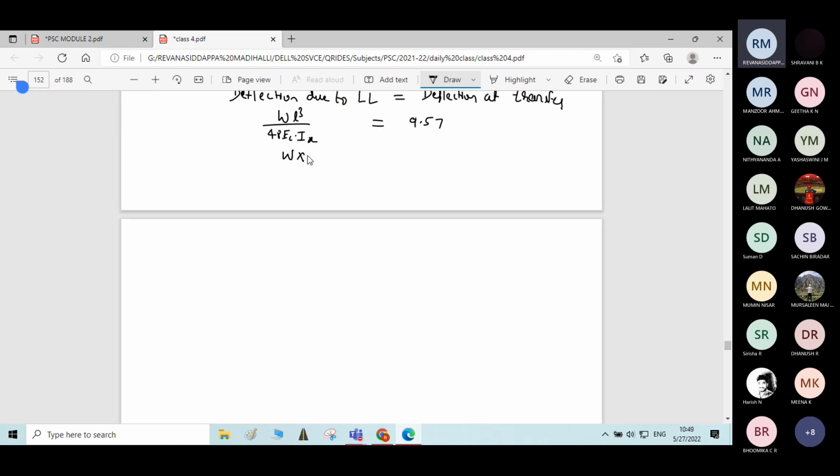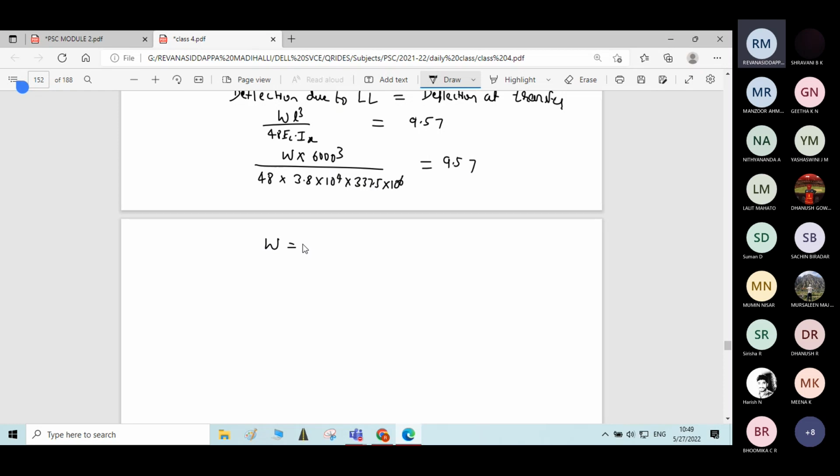So W we keep as it is. The length of the beam is 6000 mm. 6000 cube divided by 48 into EC, which is 3.8 into 10 power 4, into IX, which is 337.5 into 10 power 6, is equal to 9.57. Only W is the unknown. You can solve for W now.